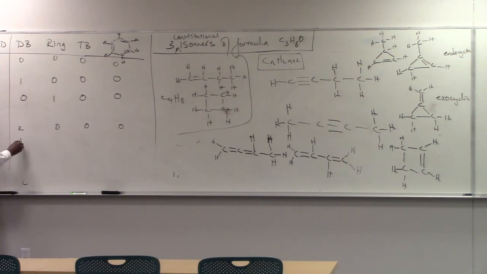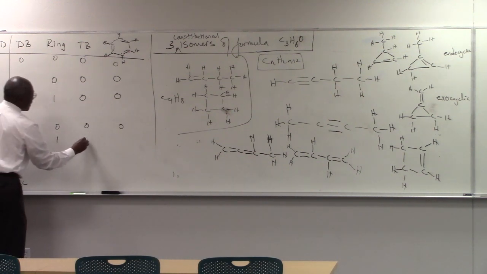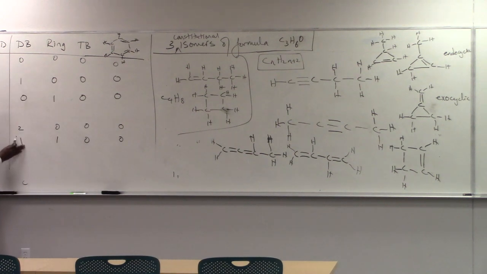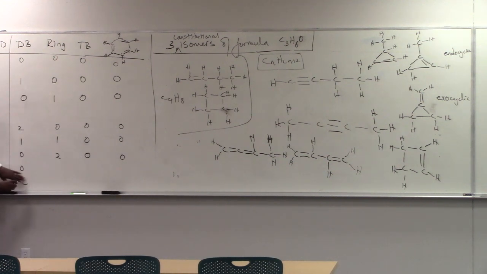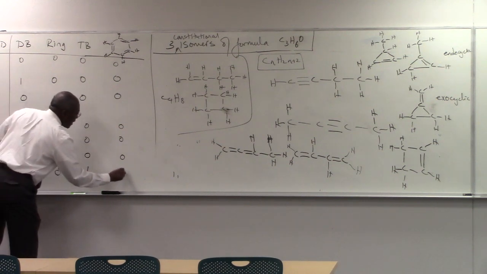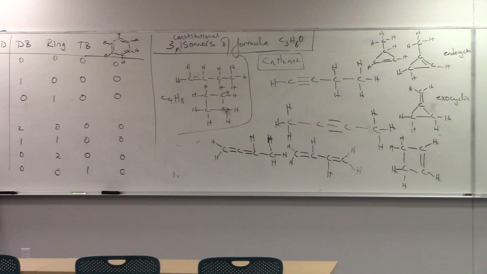I can have 1 double bond and 1 ring, and then nothing else. I could have no double bonds and then 2 rings. So this is systematic, right? I start with 2, then 1, then 0. 0, then 1, then 2. I'll have nothing else. Or I could have none of these, no double bonds, no rings, 1 triple bond, but then I'm allowed nothing else.